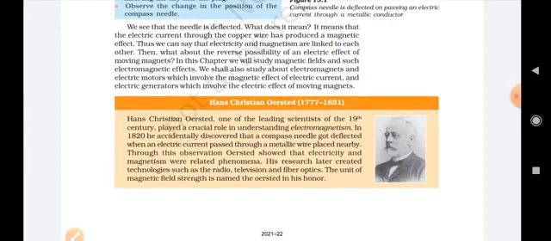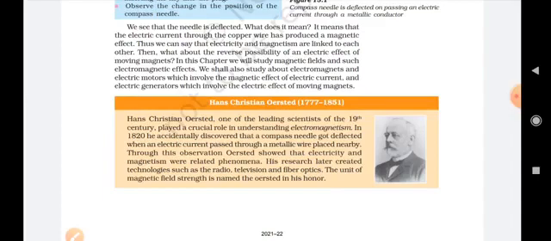And you know that today all the appliances that we use basically work on electromagnetic induction. It depends on the magnetic field strength. So radio, television, fiber optics, high tension wire, transformer, washing machine, motor, all these things work on the principle of electromagnetism.